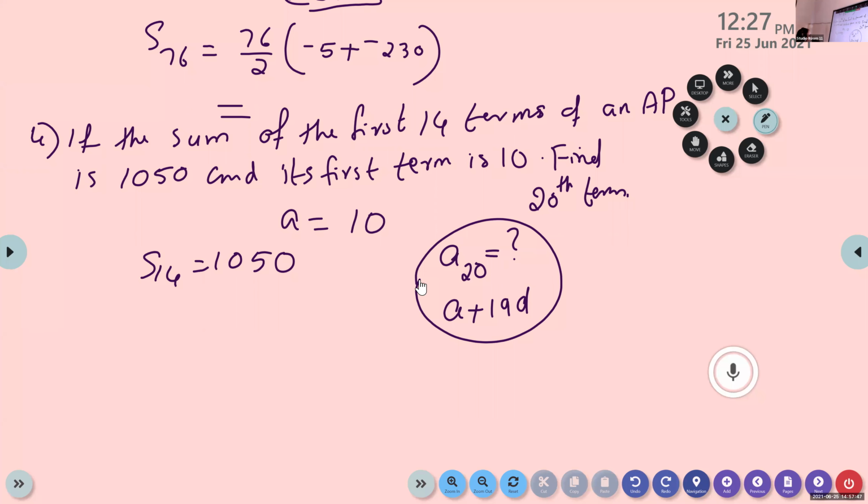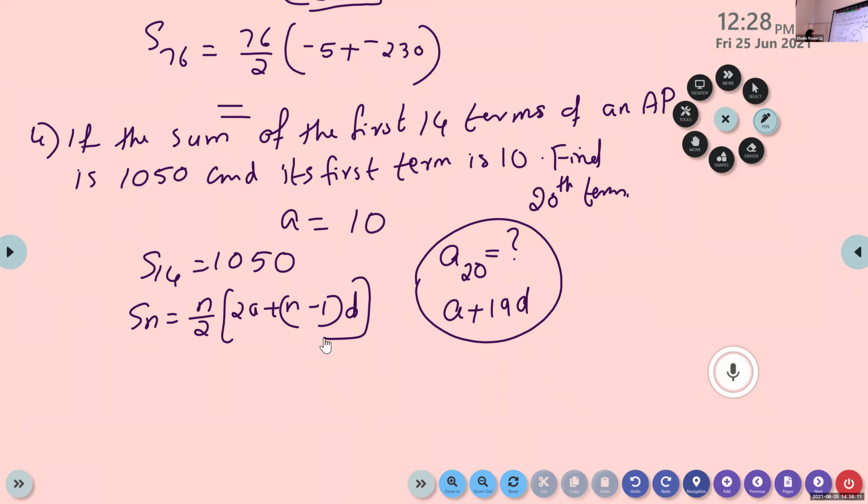So from Sn we need to find D. Sn equals n by 2 into 2a plus n minus 1 into d. This is the formula with d. The other formula has no d. So for getting d, we must use this formula.